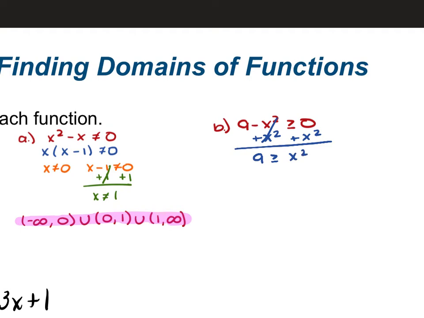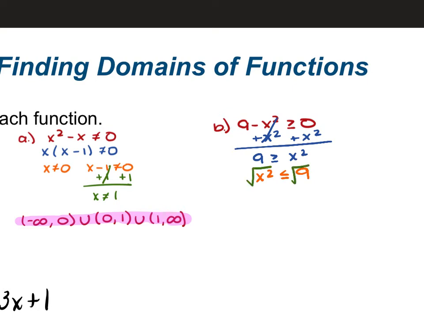Now, you're going to have to take the square root of both sides. However, when you take the square root of both sides, the square root of 9 is going to give you a plus or minus 3, but you have to switch that sign on the negative. So I'm going to rewrite this as x squared is less than or equal to 9, and then take the square root of both sides.